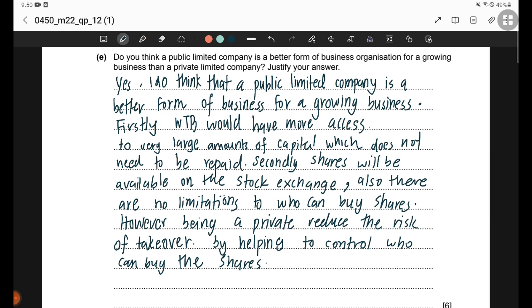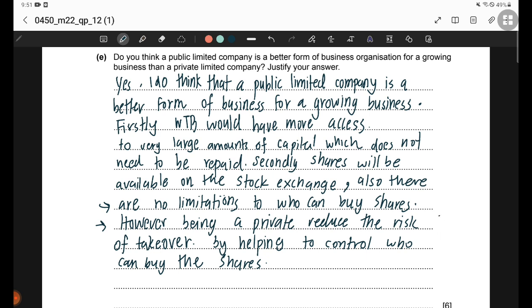It is a benefit here, and I also mention it here as a disadvantage. But I did not really say that it's the same thing, because yes, it's good to sell to the public, but then it has its limitation. So yeah, that is it for this one.